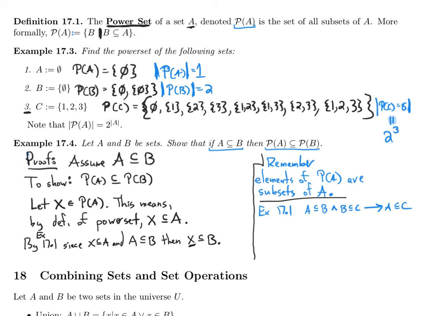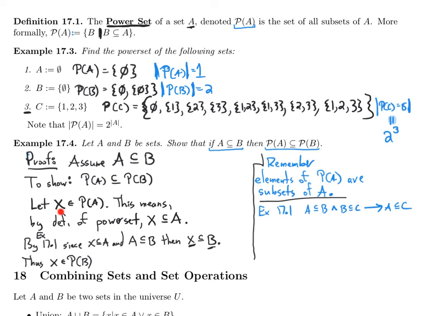We showed X was a subset of B, which means that X is an element of the power set of B. Remember, the power set has elements that are subsets. So, we've done it.